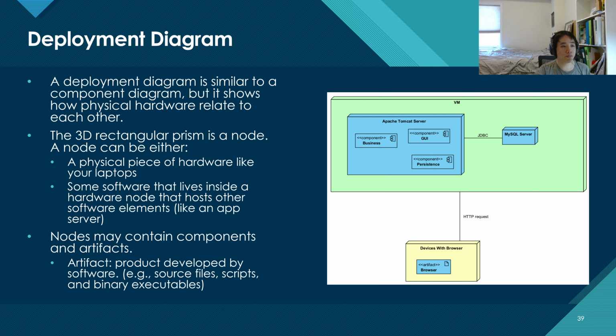So the VM is hosted on some kind of domain, okay? And our browser wants to send an HTTP request. So for example, maybe a request to create an account. We want to send this request to our app.